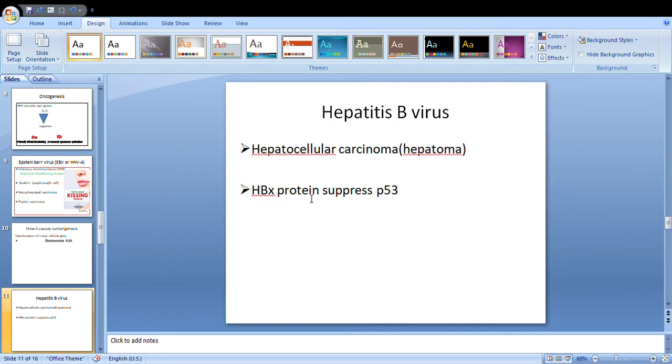The protein which is encoded by the hepatitis B virus is called the HBX protein, and this suppresses the tumor suppressor gene, that is p53. In this way, it causes the neoplastic change in the liver.